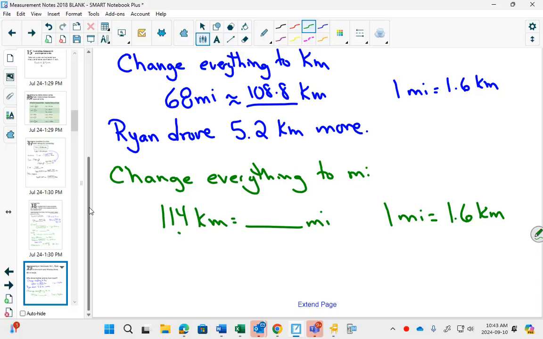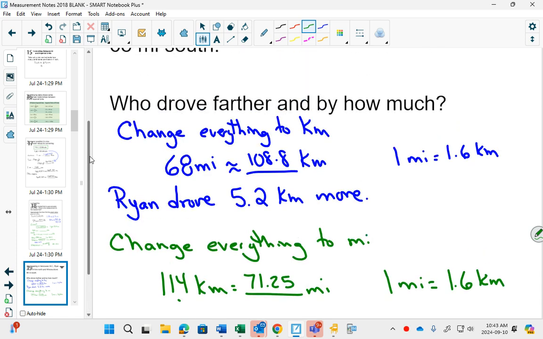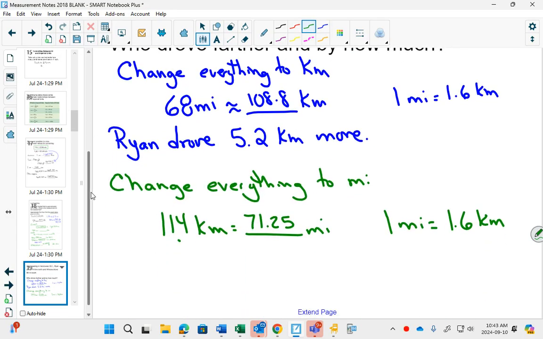This question is actually, in some cases, a nightmare for teachers. So this comes out to 71.25. So that means Ryan drove 71.25.